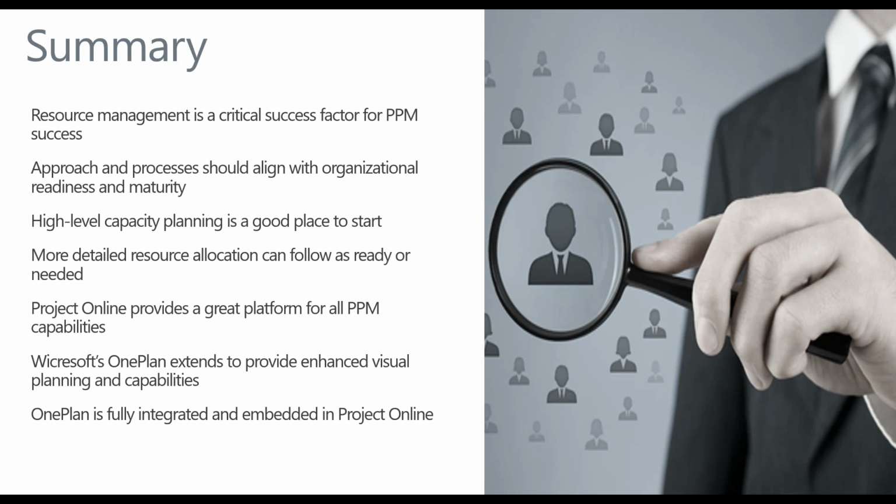High-level capacity planning is a good place to start because it's the high level of information that's easier to first capture and then maintain, especially when you're just getting started in a resource management process. But more detailed resource allocations down at the task or tactical level can follow as you are ready or as it is needed by your organization. Some folks stay at the capacity planning level and don't go down to the resource allocation level.